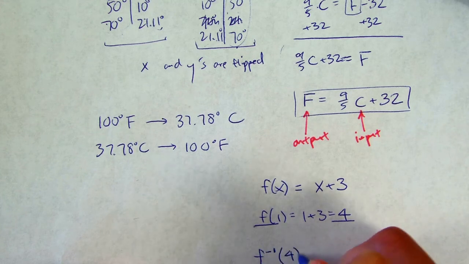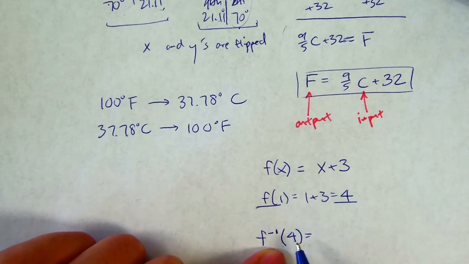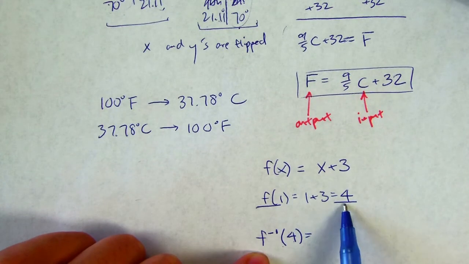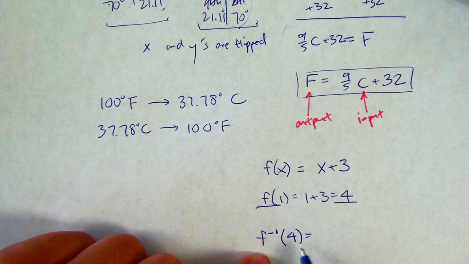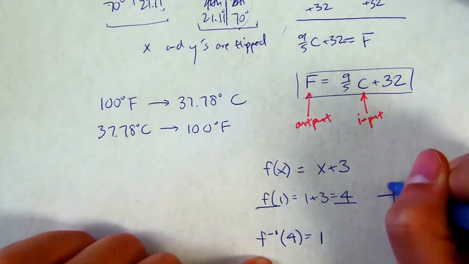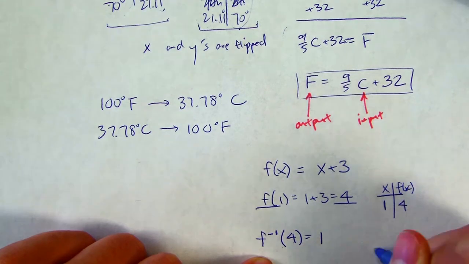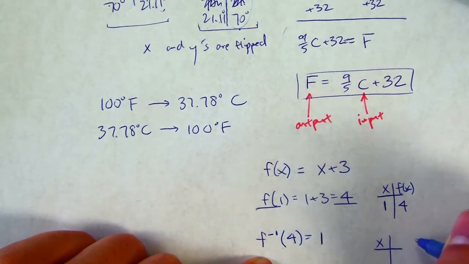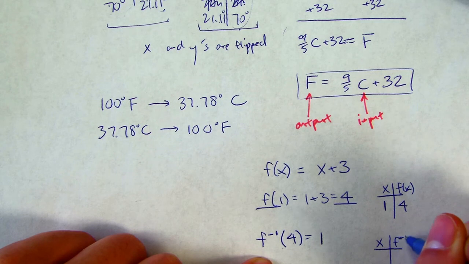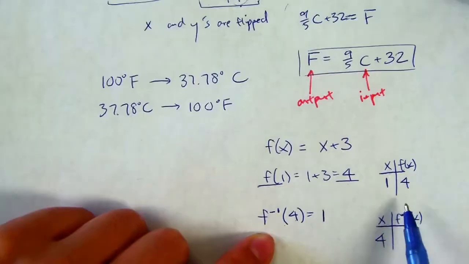What happens when I take the output value 4 and plug it into my inverse? Now this is the input for my inverse function, and this will give me that 1 back out. So if this is x, this is f of x, and I plug in 1, I get 4 back out. And my inverse function, when I plug in 4, would give me 1 back out. So they're opposites of each other.